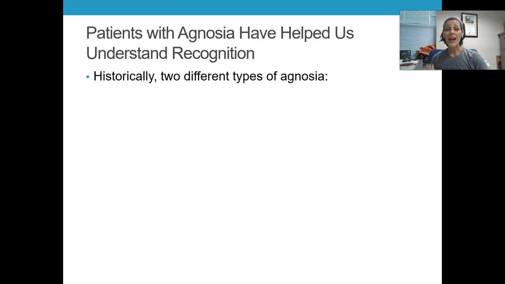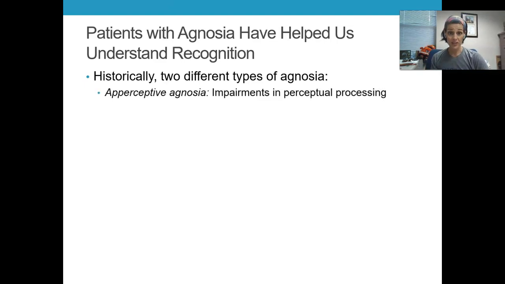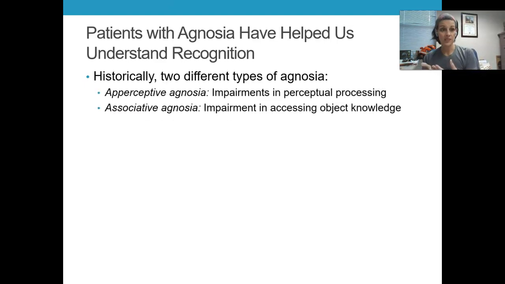So patients with agnosia have generally helped us to better understand object recognition. And historically, there have been two different types. We have apperceptive agnosia, so these are people that literally have impairments in perception. Apperceptive literally translates to without perception. Then we have people with associative agnosia.